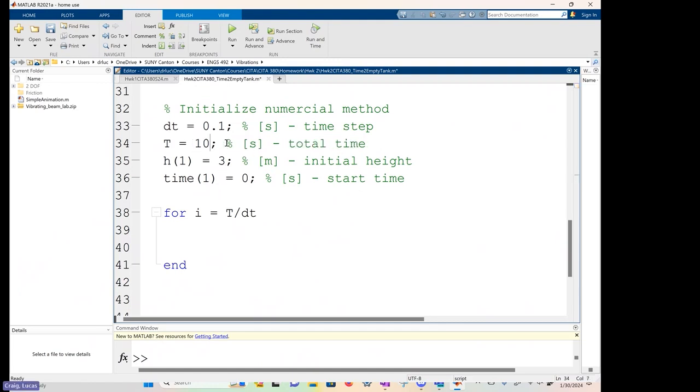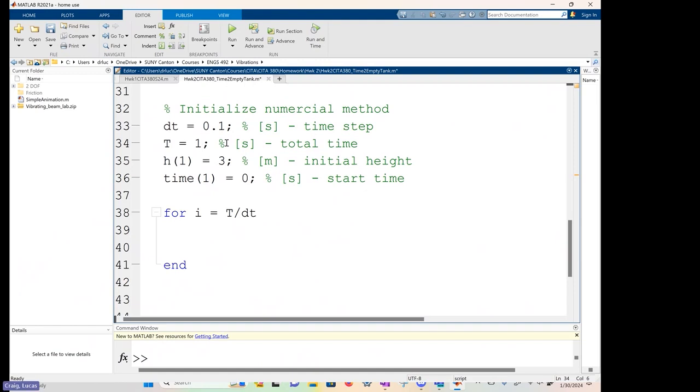Let's make this easy. Say it was 10 seconds, or even 1 second. What's 1 divided by 0.1? 10, or 11 seconds. So it's going to do it 10 or 11 times.